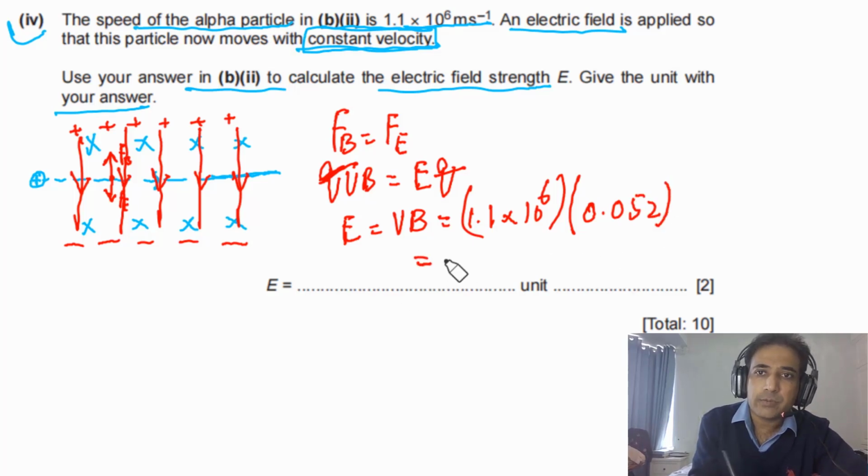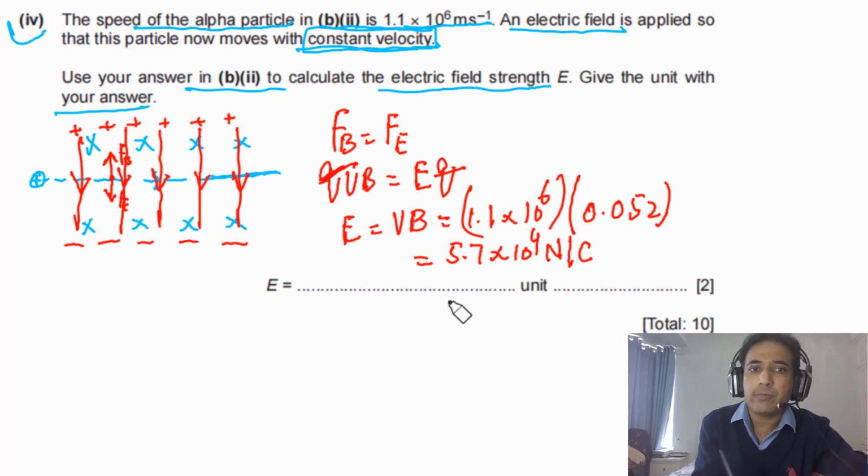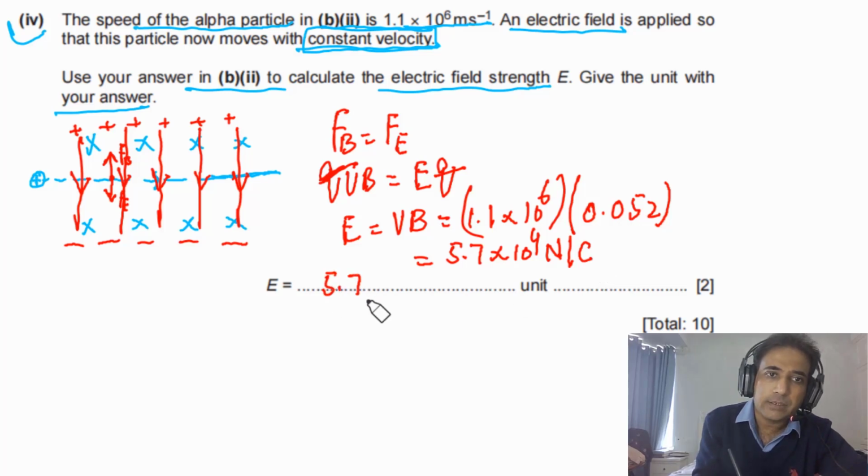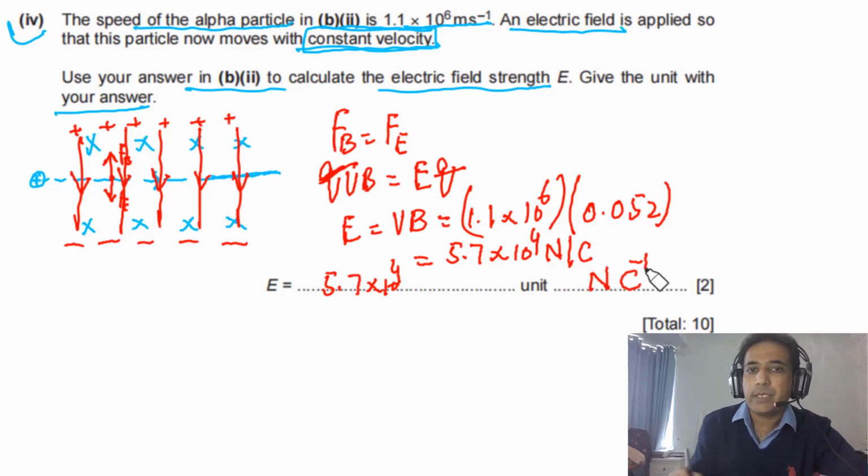Now if we solve this, we will get 5.7 times 10 to 4, and the unit is newtons per coulomb. So this is our final answer, 5.7 times 10 to 4 newtons per coulomb.